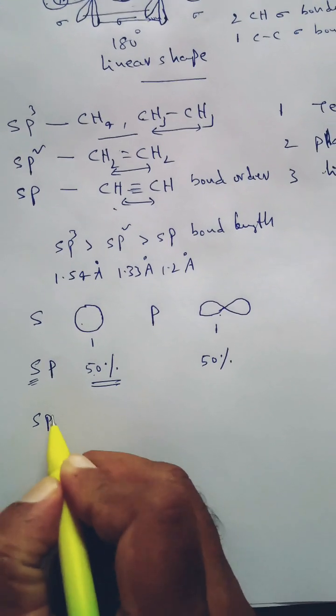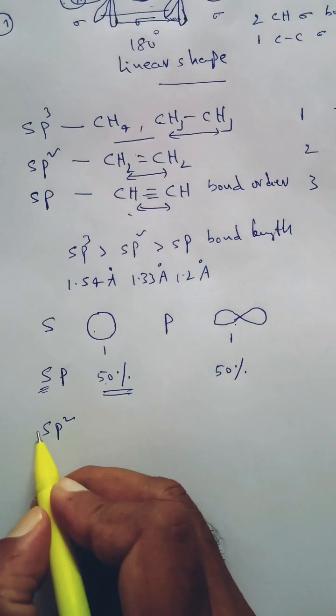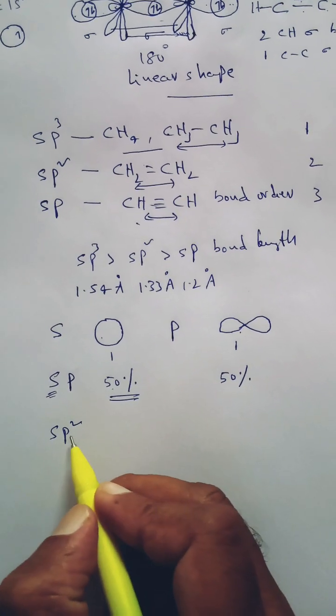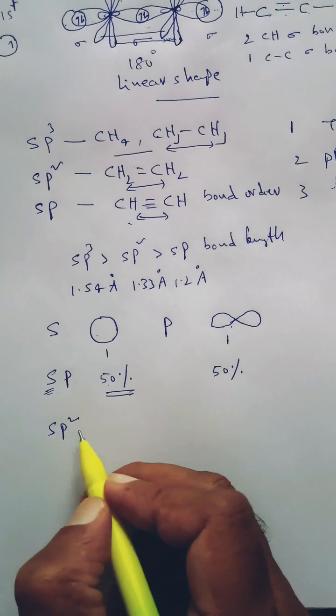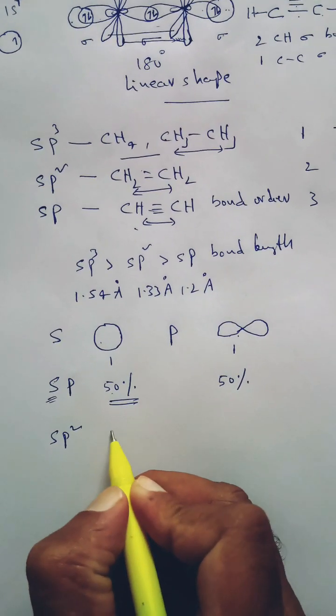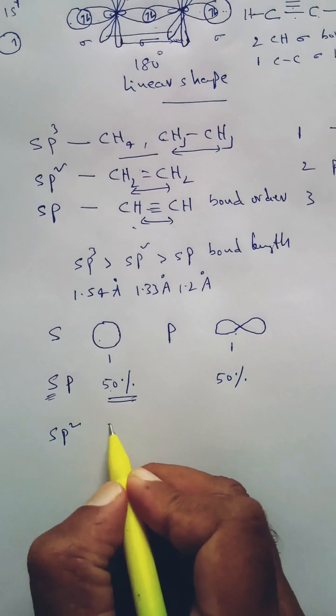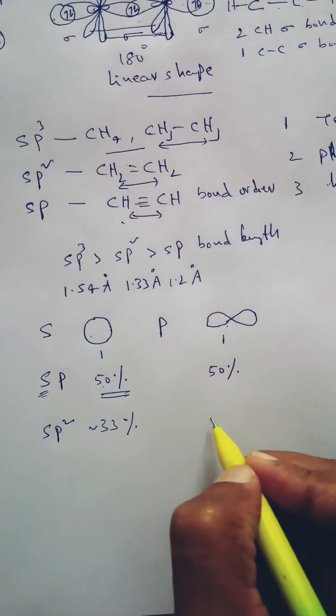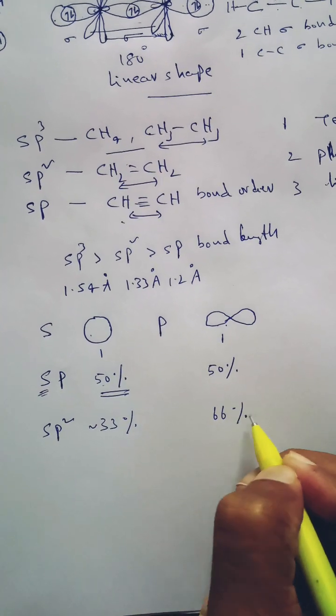In the case of sp2, s is nearly 1/3 and 2/3 p orbitals are there, so it is around 33% s character and 66% p character.